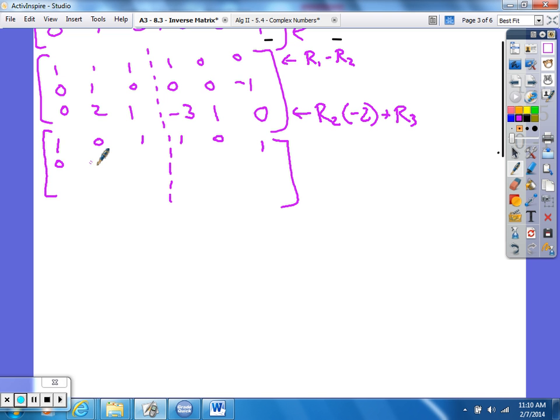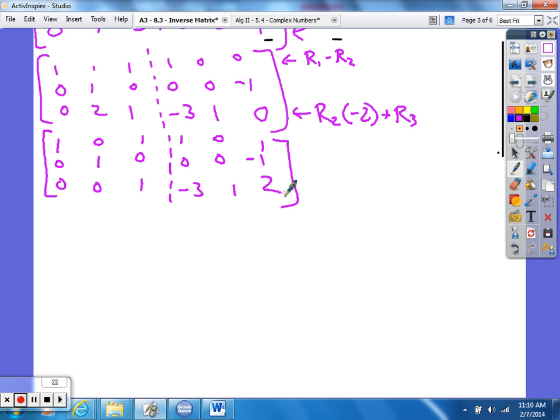So then I get 0, 1, 0, 0, 0, negative 1, and then row 2 times negative 2 plus row 3. So 0, 1, oh, that's nice. Negative 3, 1, and 2. Oh, wait, you multiply. Yep.